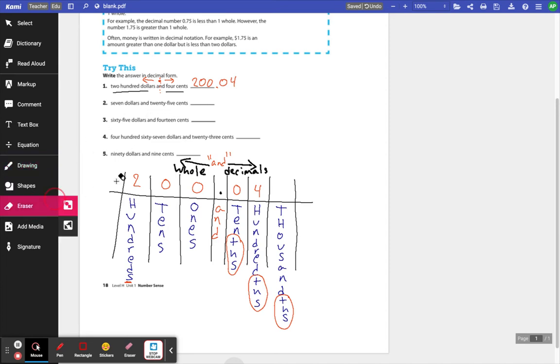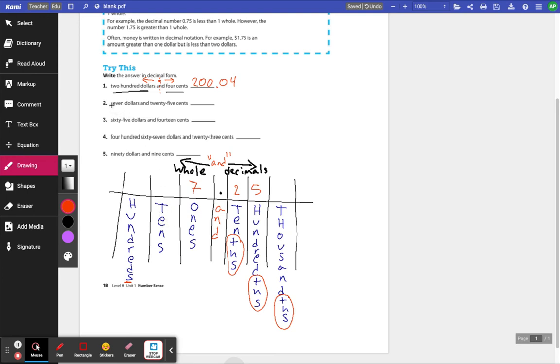Okay, now we have $7.25. Well, $7 and 25 cents. Okay, notice they didn't say $17. If they said $17, we would know that there's a number in the 10 spot.